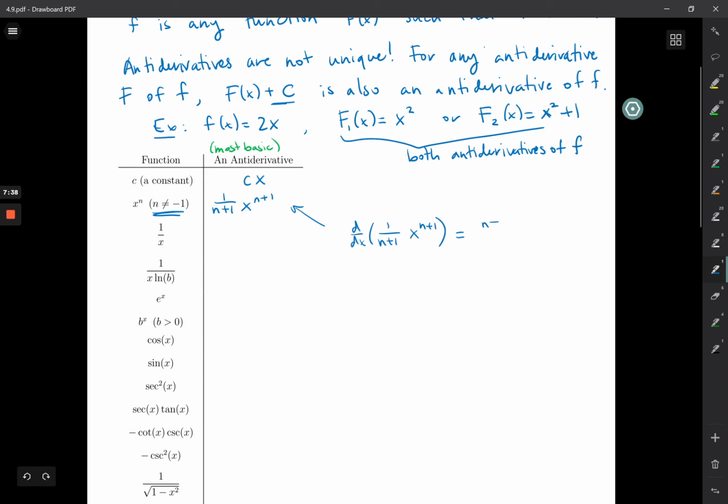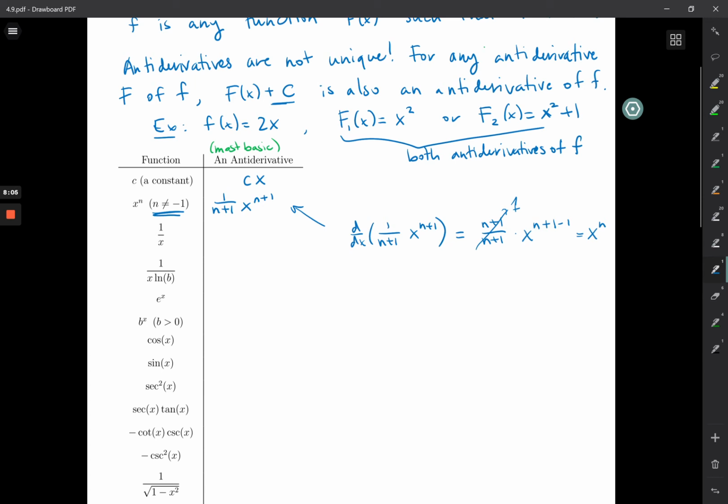So you would get n plus 1 over n plus 1, this one coming from the constant being out front, and then x to the n plus 1 minus 1. So you would end up with this just being 1 and getting just x to the n, right? And so I would actually encourage you when you're doing these, it can be really easy to get mixed up because we've been doing derivatives a lot up to this point, right?